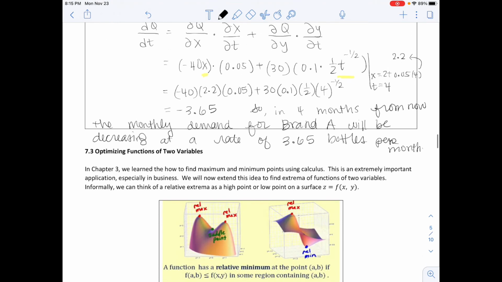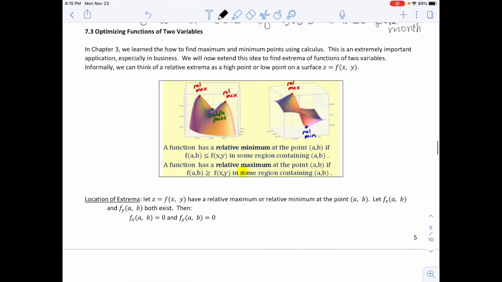So the next section that we have is 7.3, which is optimizing functions in 2 variables. In chapter 3, we learned how to find maximum and minimum points with calculus. This is an extremely important application, especially in business. We will now extend this idea to find the extrema of a function in 2 variables.